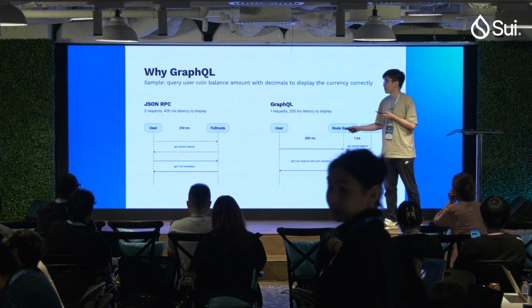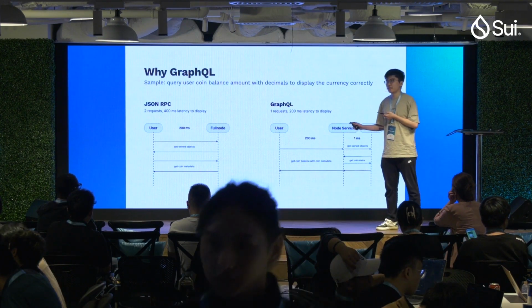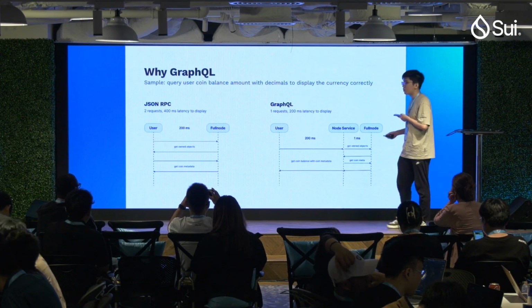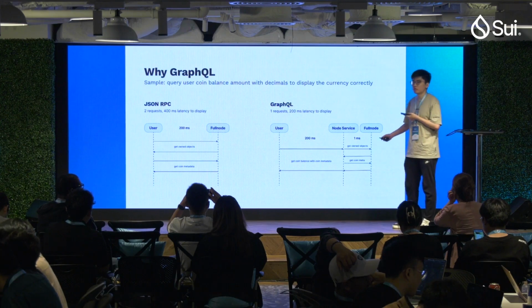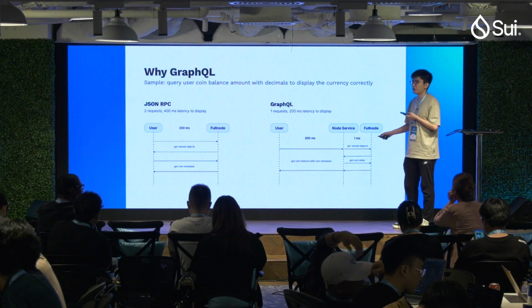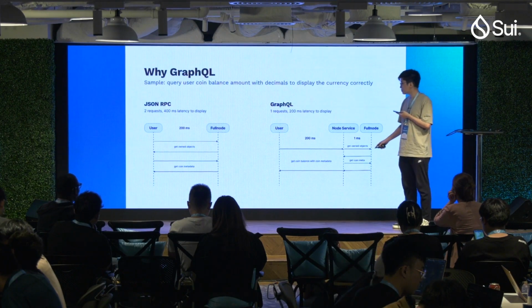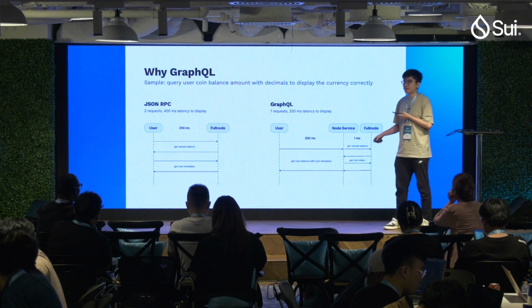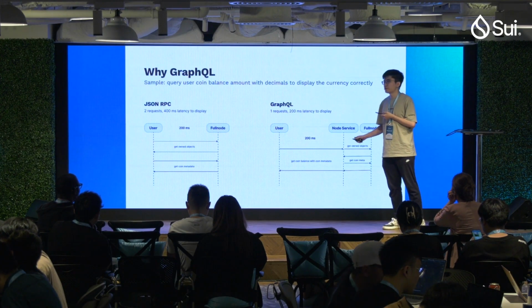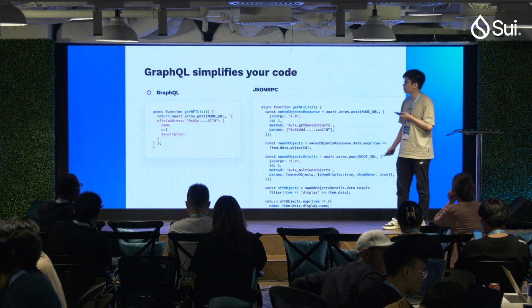Each request takes about 200 milliseconds, compared to the other maybe about 400 milliseconds. But using our own GraphQL service, we handle all those stuff for you. You can make only one single request and query all the results you want with ease. And the more complex your dApps become, the more improvements you get by using our own GraphQL node service.